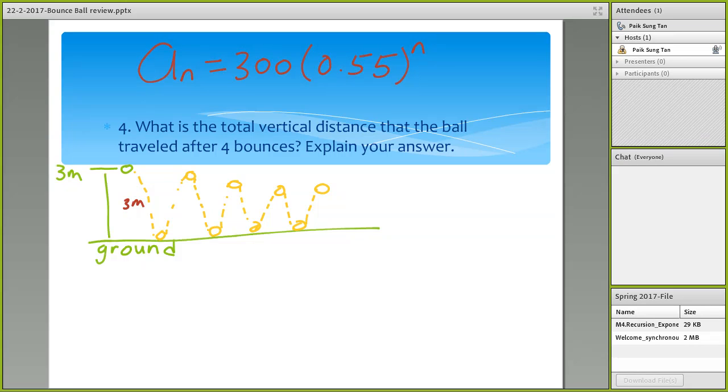I know that this is 3 meters. So when it comes down, it has to be 3 meters, right? And then when it bounces back up, that's my first bounce. You can calculate based on your formula what is the height of the first bounce.